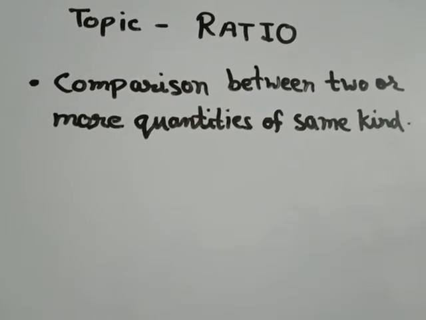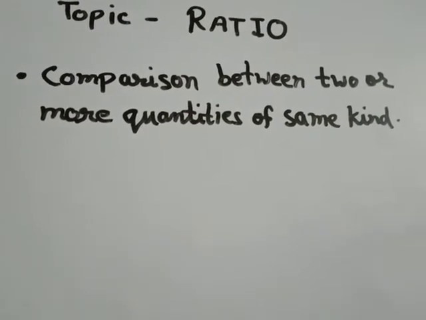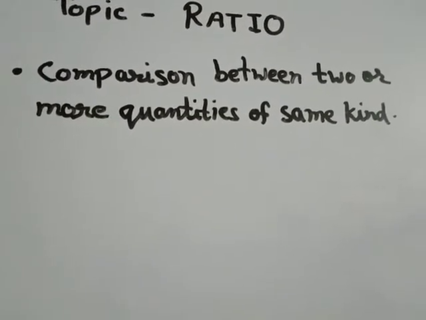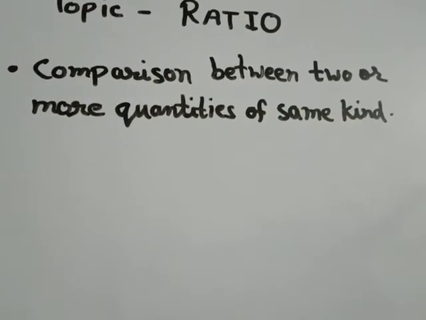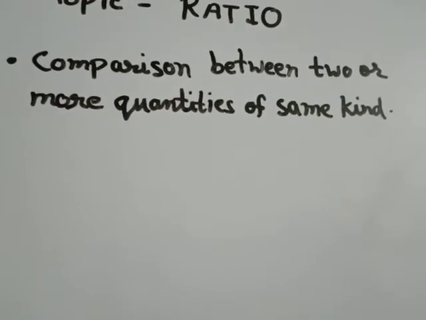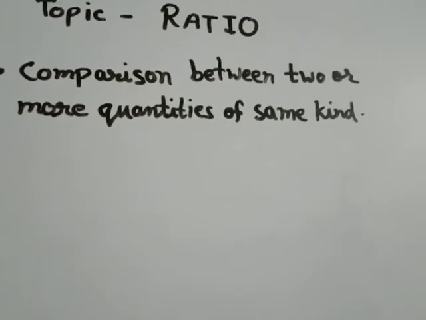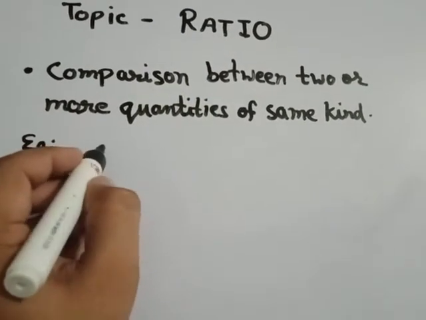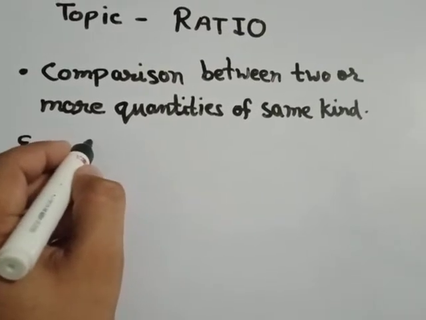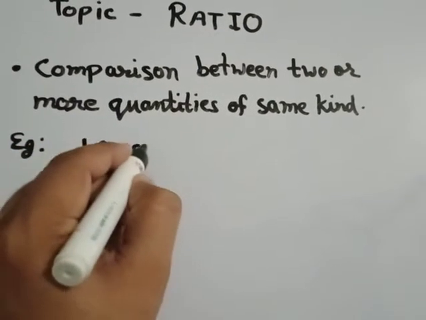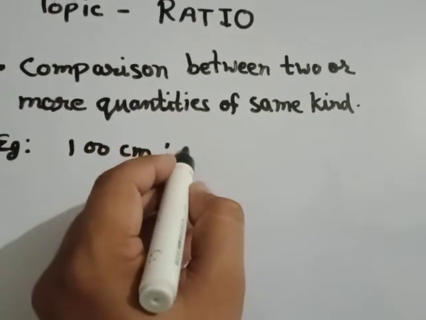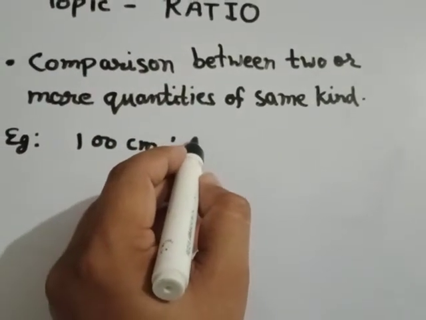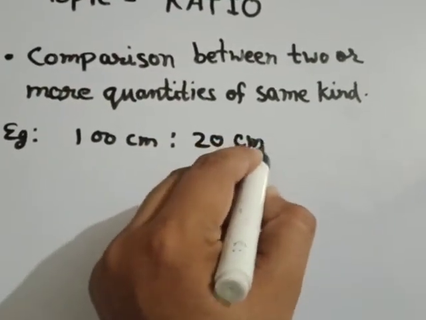So, student, in ratio, we have to compare two or more quantities of the same kind, not different kinds. For example, you have to compare 100 centimeter to 20 centimeter.